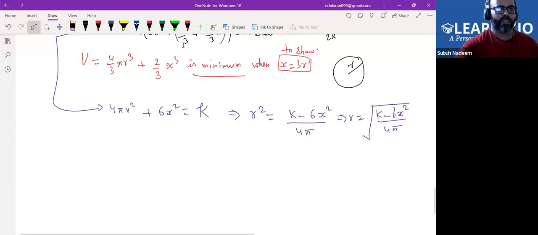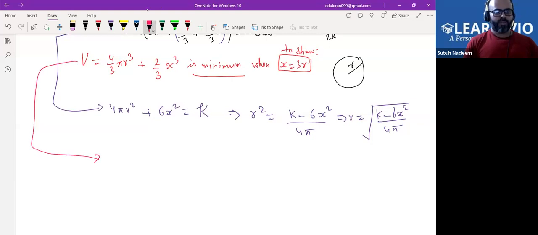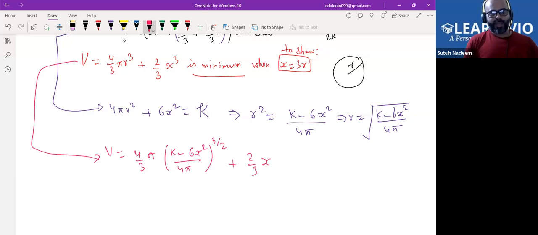Now in the expression of volume, we write 4 by 3 pi r cube, which will be 4 by 3 pi times the square root of (k minus 6x square) by 4 pi to the power 3, that is the power 3 by 2, plus 2 by 3 x cube.